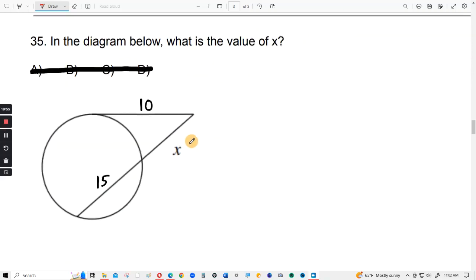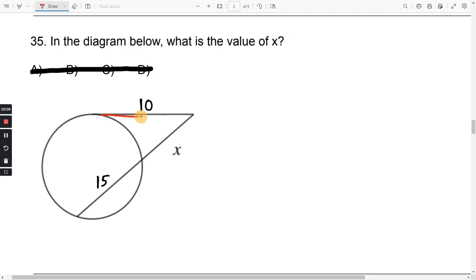Alright, in the diagram below, what is the value of x? So on this one here, we basically have a tangent and a secant. So it's going to be this tangent times itself. So that's 10 times 10, or 10 squared.